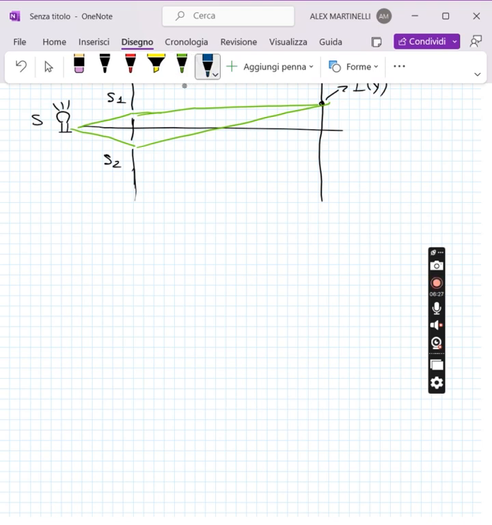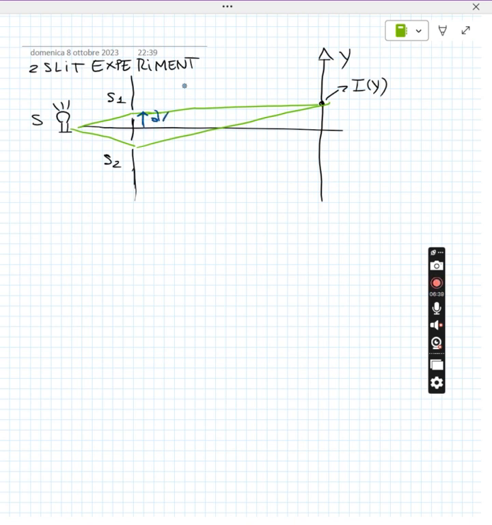The distance from each slit to the center is epsilon divided by 2 for simplicity, and the length of this segment is L. We put our region here, and we ask what is the intensity of light at this point.